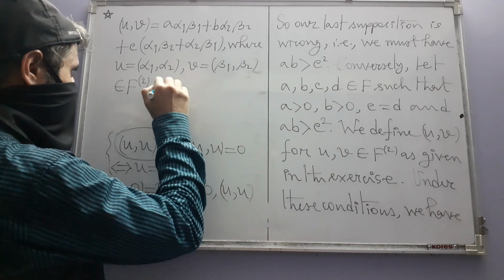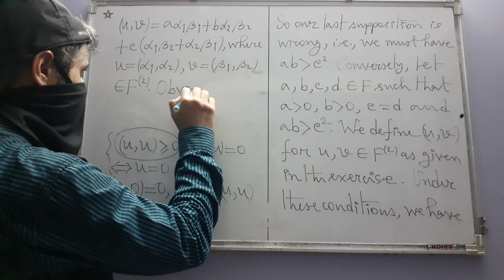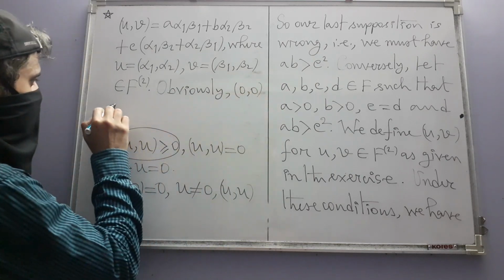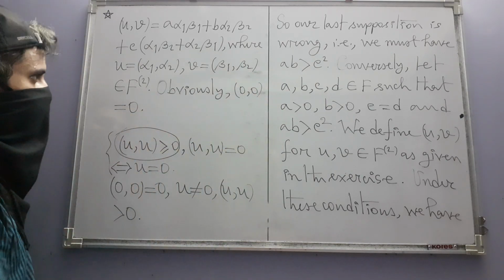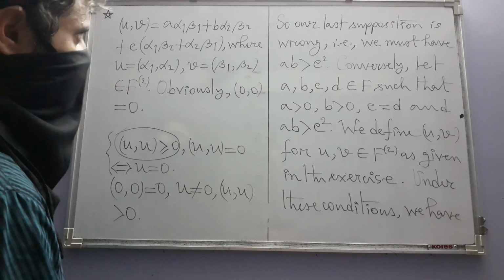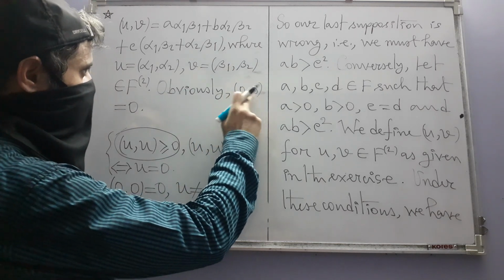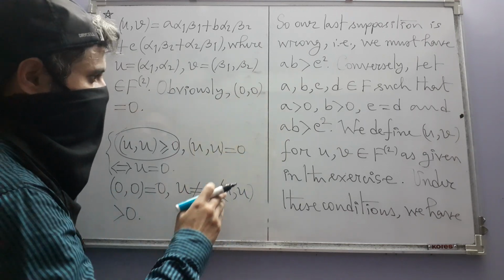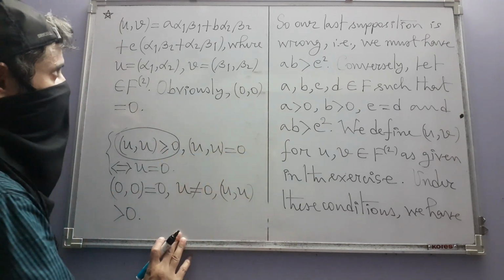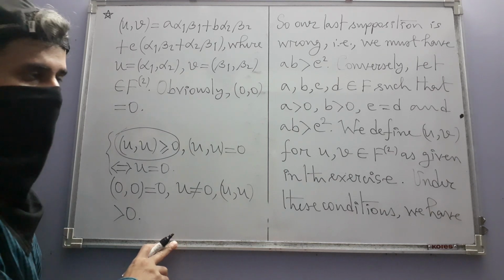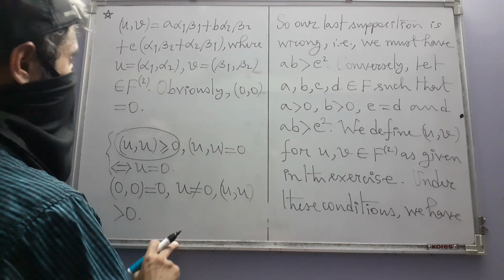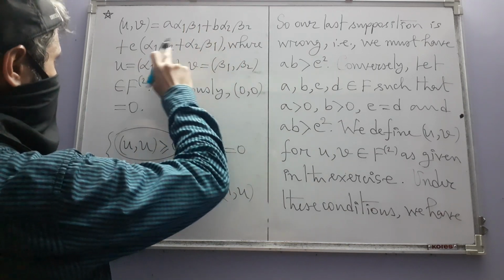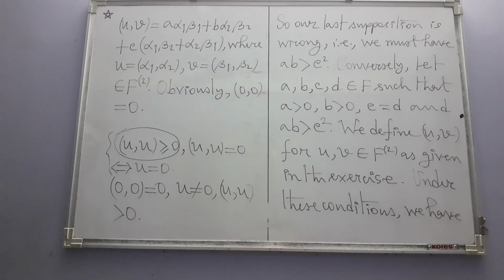Obviously this is equal to 0. Why? That's because if our u is 0, then alpha 1 and alpha 2 are both 0, right? So if alpha 1 and alpha 2 are both 0, then this is 0, this is 0, and here also these are 0, so we get 0.